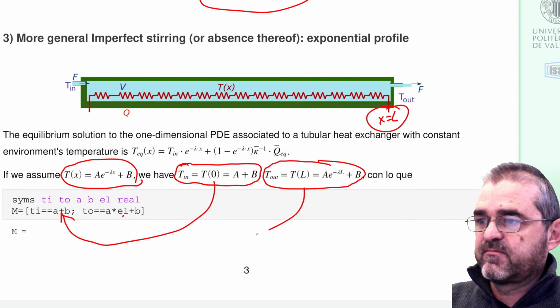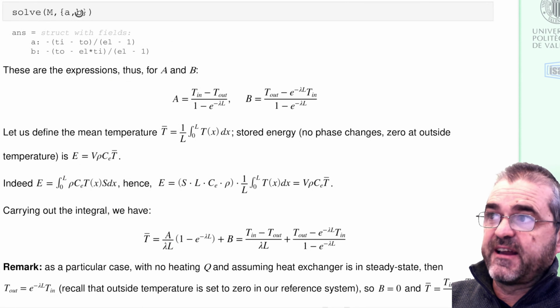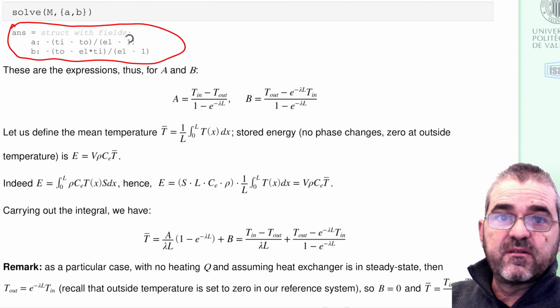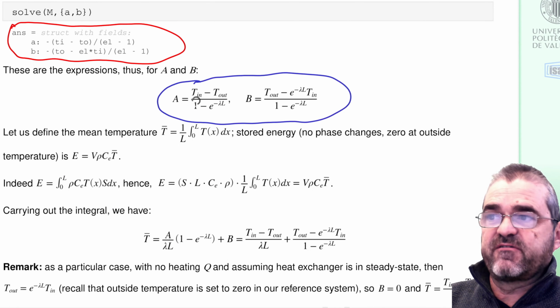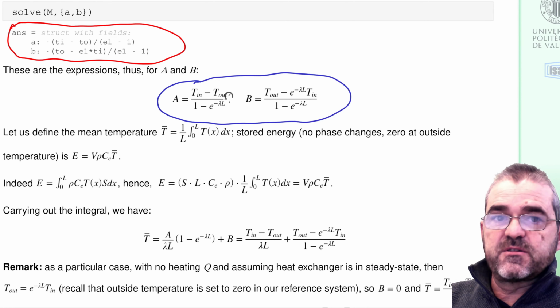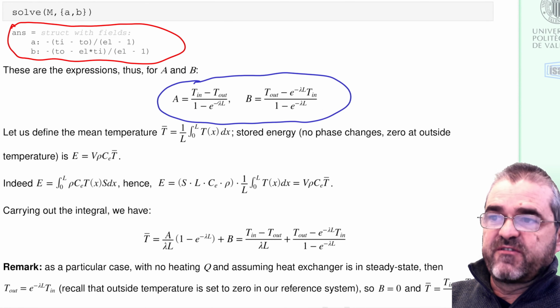This is this equation. This is this equation. So I tell MATLAB to solve for variables A and B, and MATLAB gives me the solution. So I have A and B as a function of the inlet and outlet temperatures.